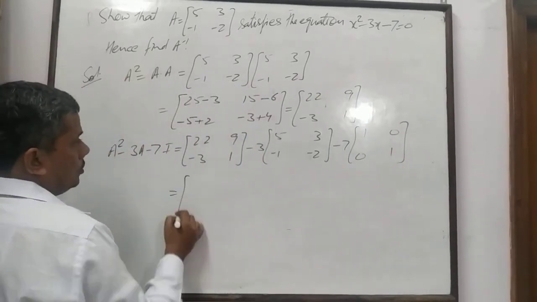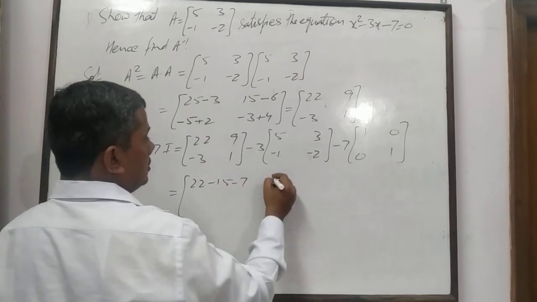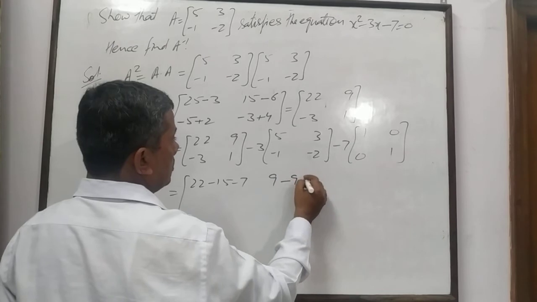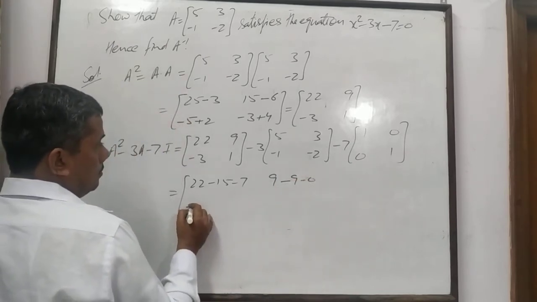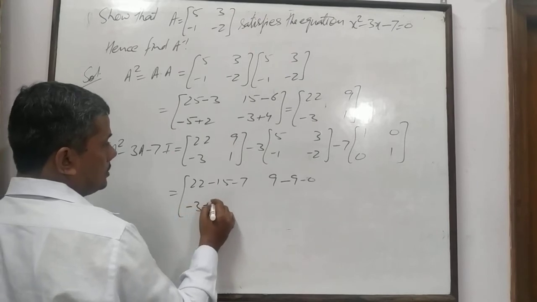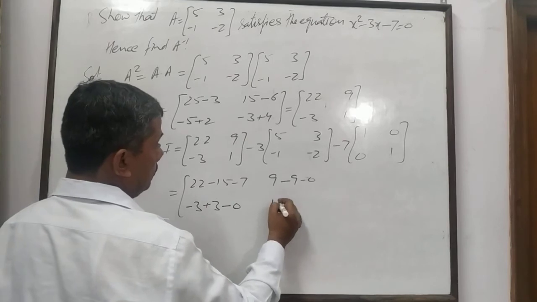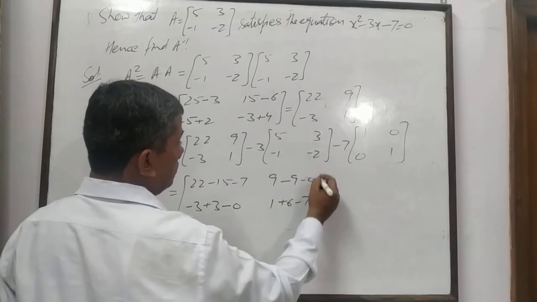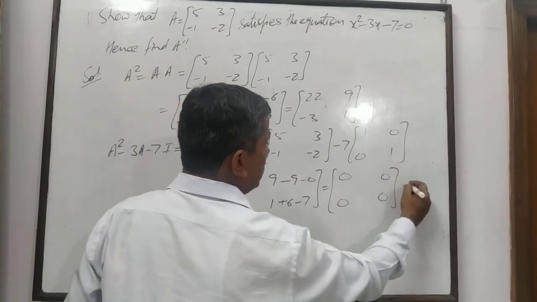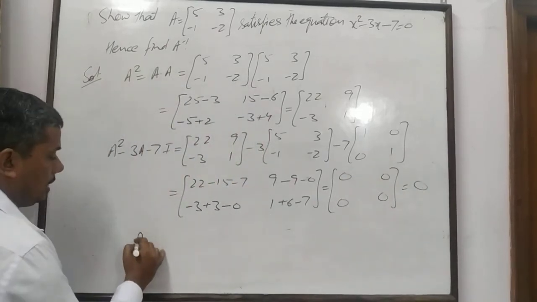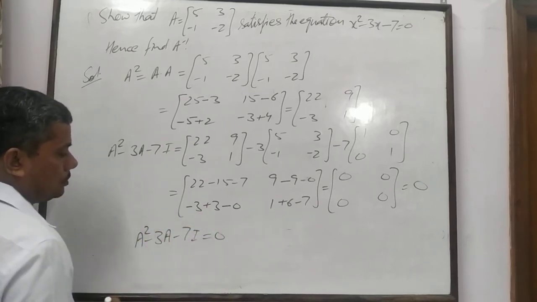So that comes out to be 22 minus 15 minus 7, 9 minus 9 minus 0, then -3 plus 3 minus 0, then 1 plus 6 minus 7, which is 0, 0, 0, 0. Null matrix. So A square minus 3A minus 7I is equal to 0.